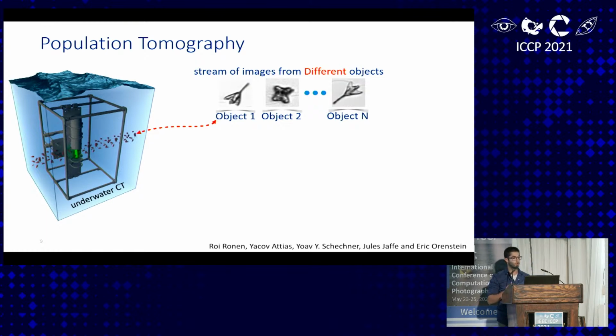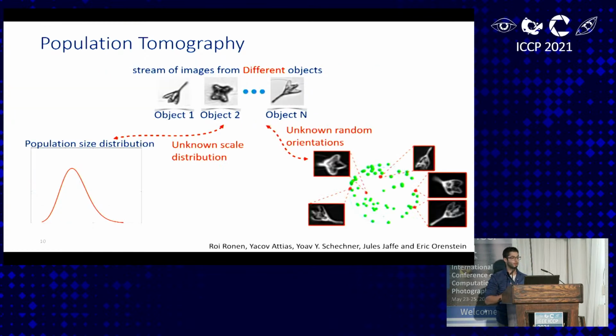Each image is an orthographic projection of a different object. The data is an ensemble of random views of random different objects within a population. Each image object is sampled from an unknown population size distribution and projected at an unknown random orientation.